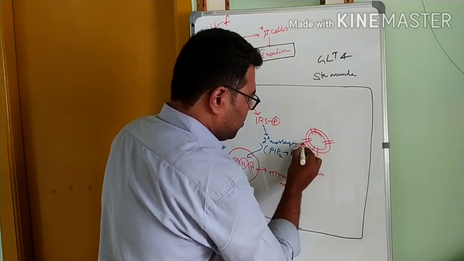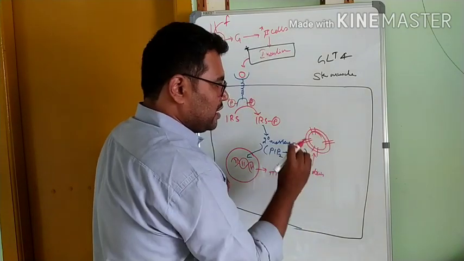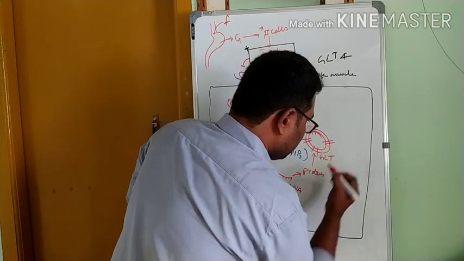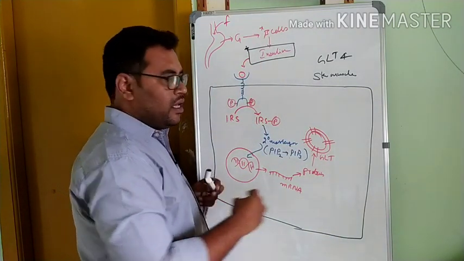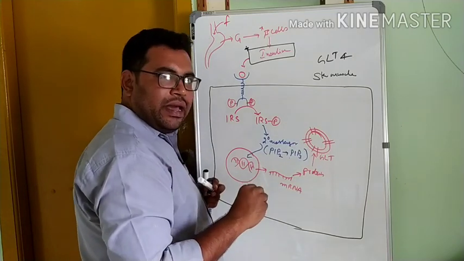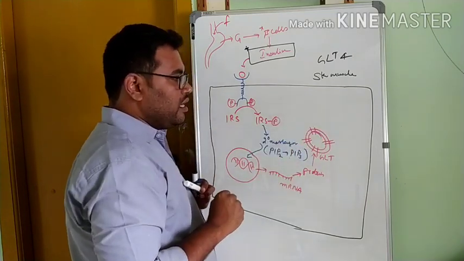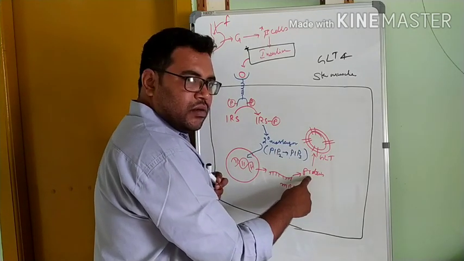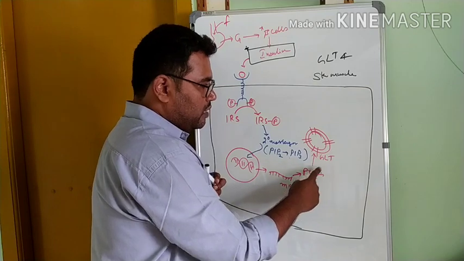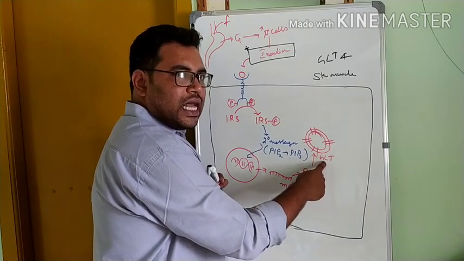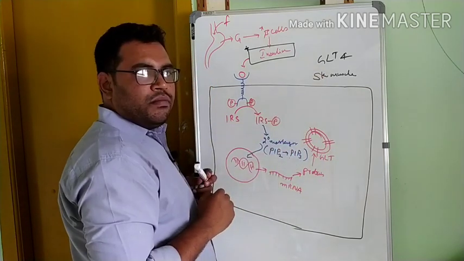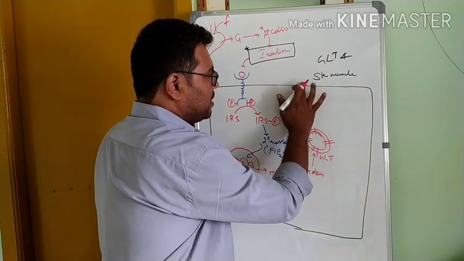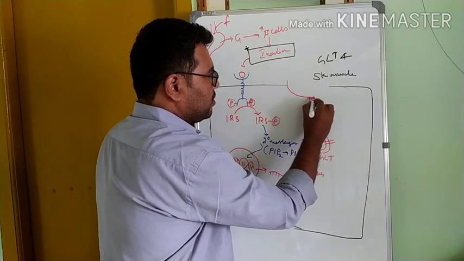These substances are called glucose transporters, right? So these glucose transporters are primarily located in the cytosol of the skeletal muscles, right? So whenever these specific proteins are formed, they will move these glucose transporters to the membrane of the particular cell.